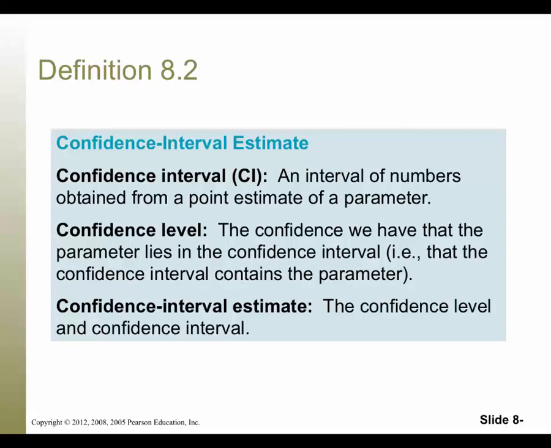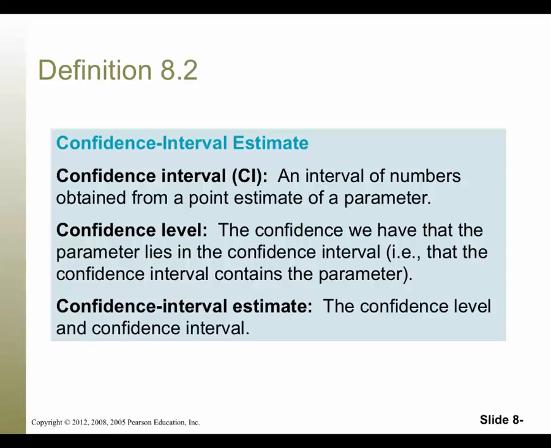Okay, so here then this is the idea of confidence intervals. A confidence interval is an interval of numbers obtained from a point estimate. So we can make that point estimate, but then we could say, all right, the population mean falls in some range that we're a certain amount confident about.